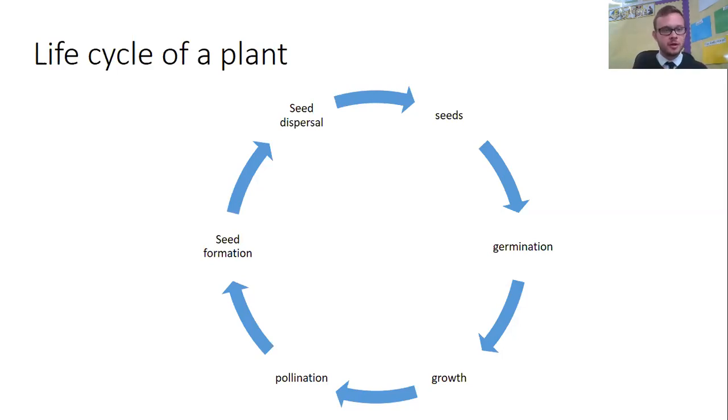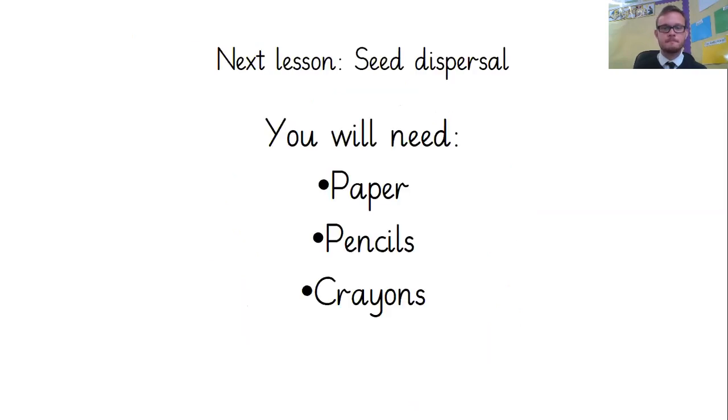The flower is pollinated, as we've learned, by an insect or by the wind carrying the pollen. That creates another seed, that seed starts to form, and then we get this seed dispersal, which we're going to learn about more in another lesson. That's how seeds are spread, and then it starts all over again with seeds.